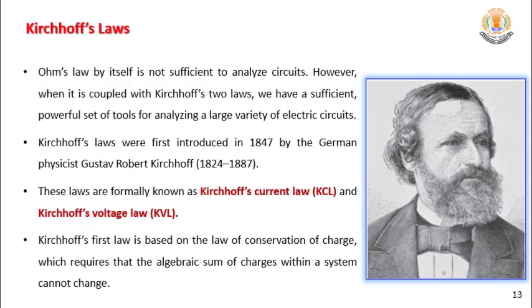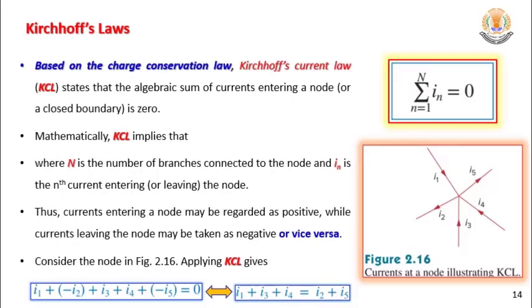Let me explain here. So we have two laws, KCL, Kirchhoff's current law, and KVL, Kirchhoff's voltage law. They are very important laws. KCL is based on the charge conservation law. The same charge in is the same as the charge out. Imagine you have pipelines.